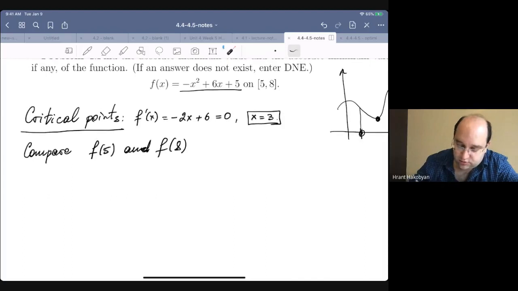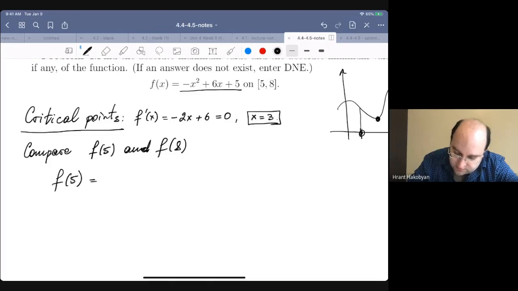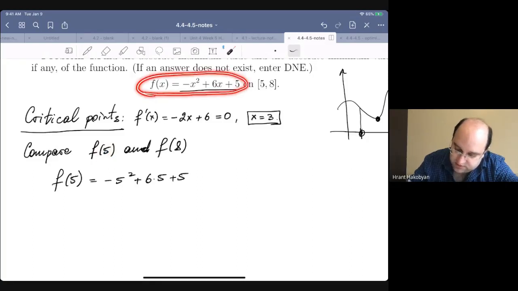So what do I have to do? I have to calculate f of 5 and f of 8. So in this case, f of 5 is going to be negative 5 squared plus 6 times 5 plus 5. So I plug 5 inside my function instead of x, and that's what I get.